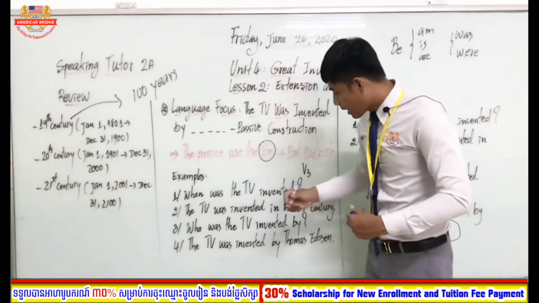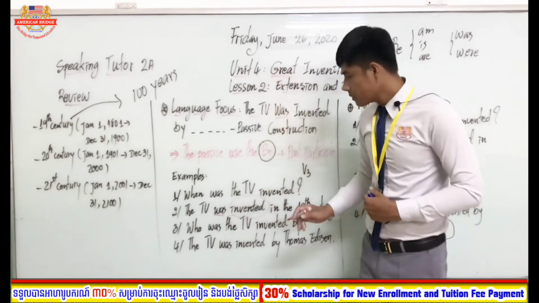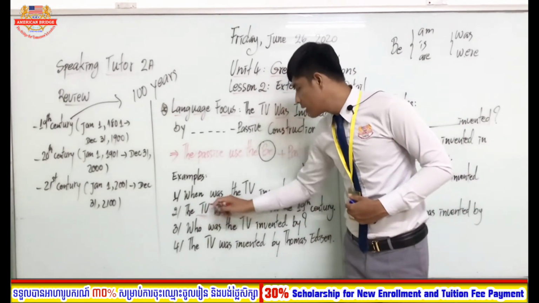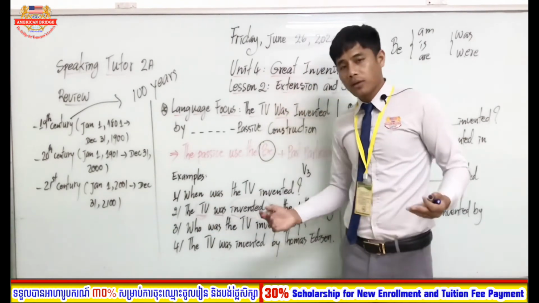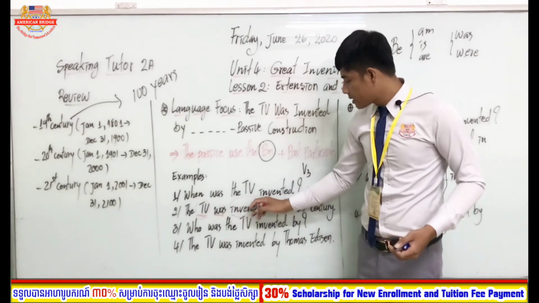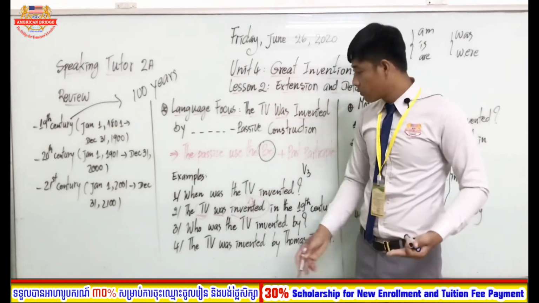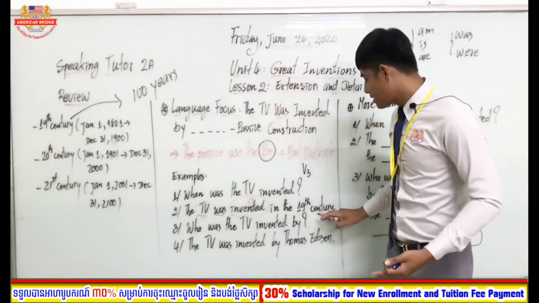Teacher would like you to focus on "was invented" and "TV". Was is verb be, and invented is verb 3. So this is a passive voice sentence.